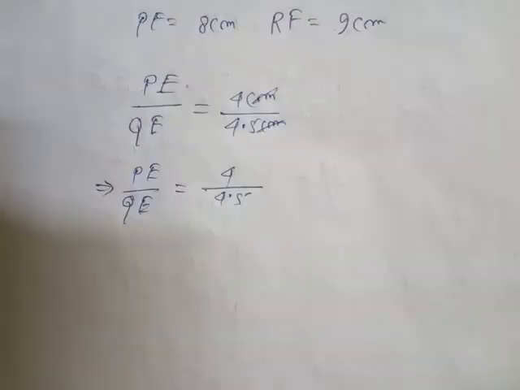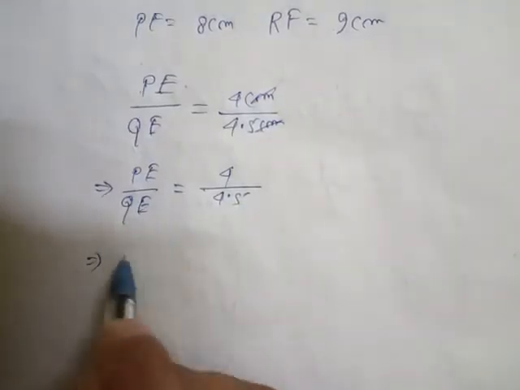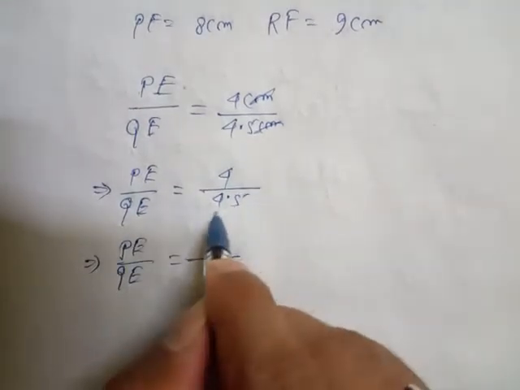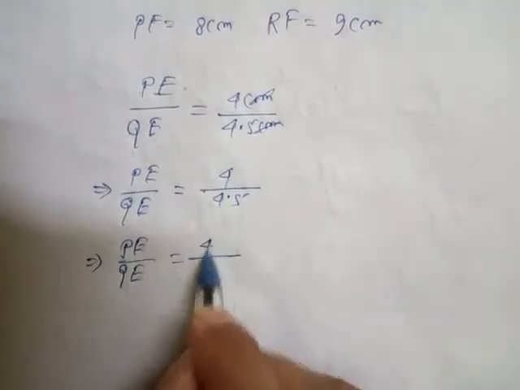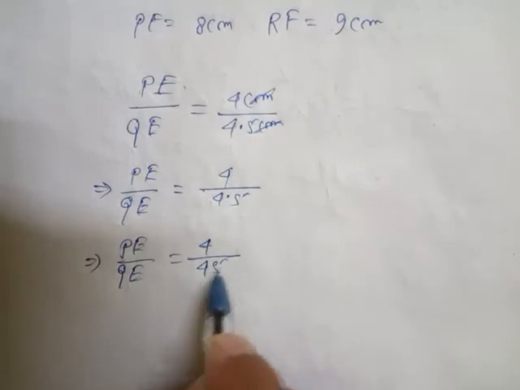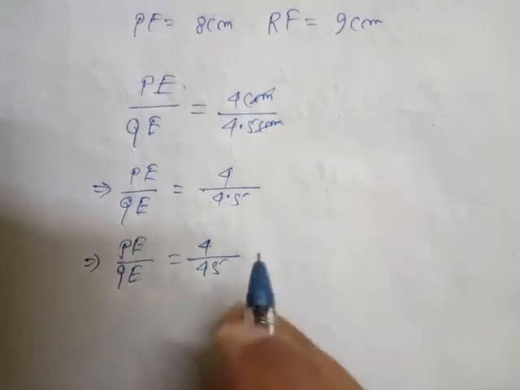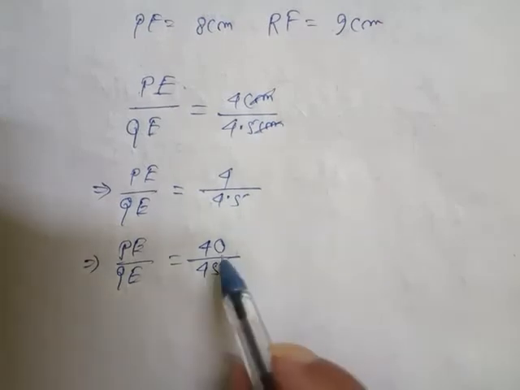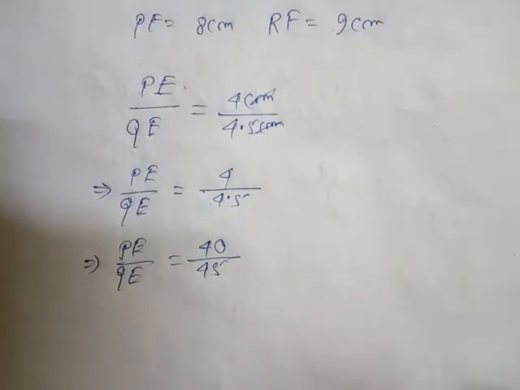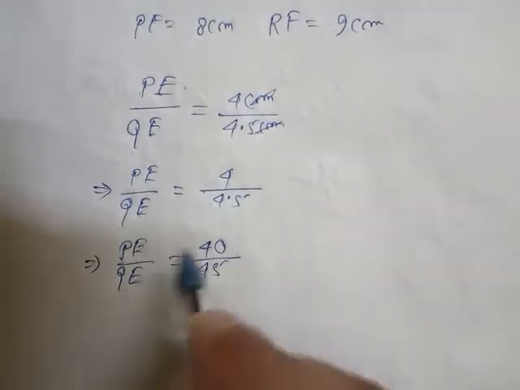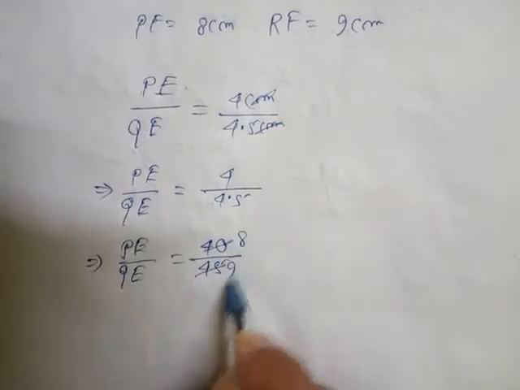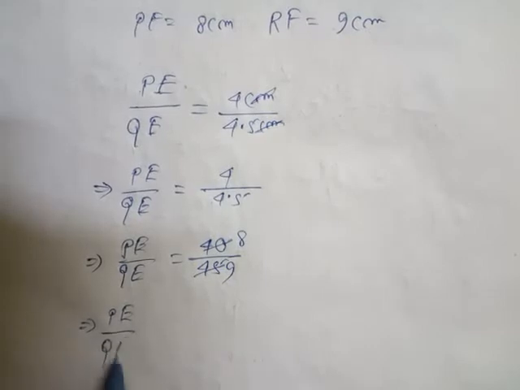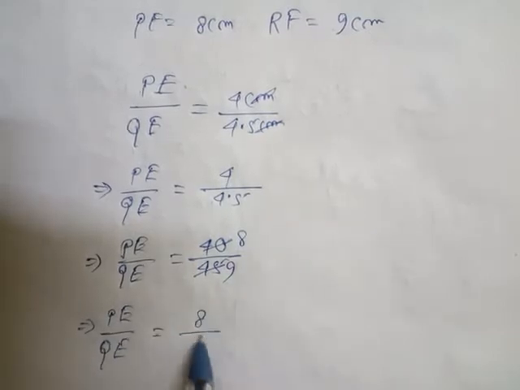If I remove the decimal here, 45 by 10 will be here. Now 10 will go here again, so 40. Now 40 and 45 both are multiples of 5. 5 8s are 40 and 5 9s are 45. So PE by QE equal to 8 by 9.